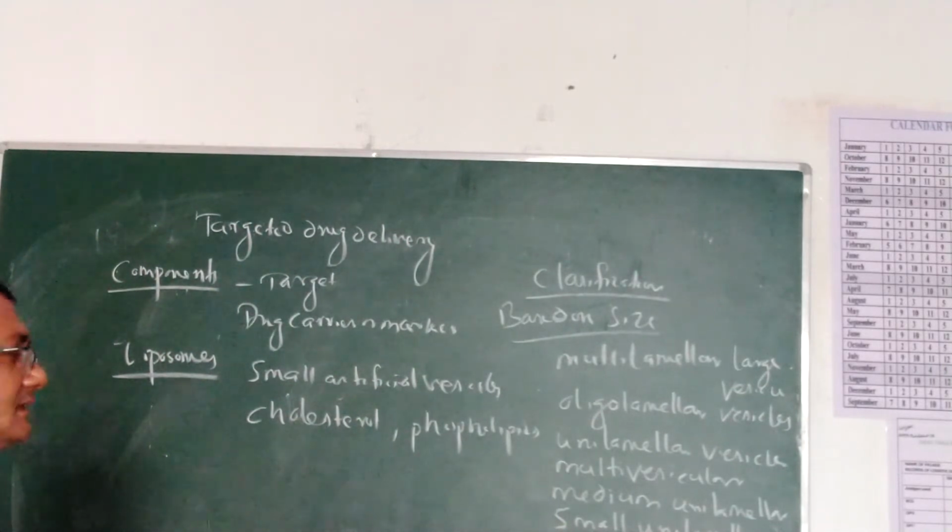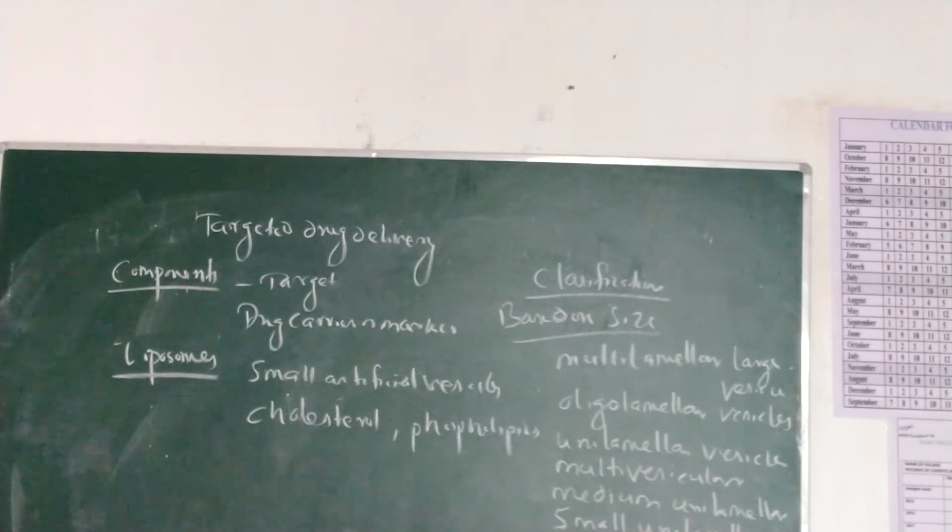Multilamellar vesicles are more than 0.5 micrometer, which is the highest. Oligolamellar are 0.1 to 1 micrometer. Unilamellar have all different sizes. Multivesicular are more than 1 micrometer. Small unilamellar are 20 to 100 nanometers, and large unilamellar are more than 100 nanometers.